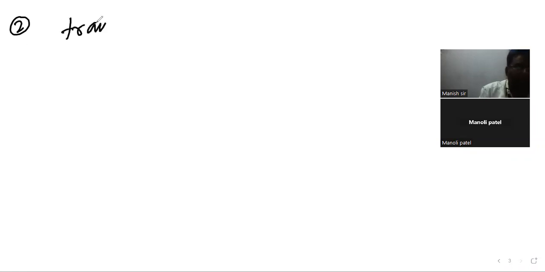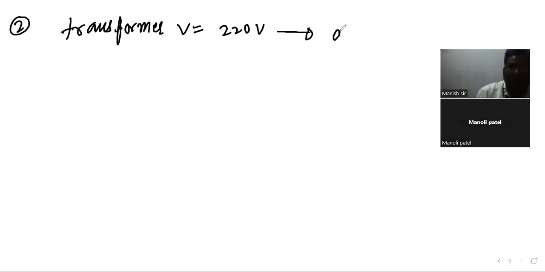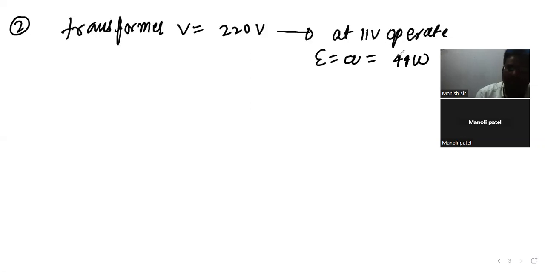It is made to operate at 11 volt, and it is a 44 watt lamp. Ignoring power losses in the transformer, what is the current in the primary circuit?